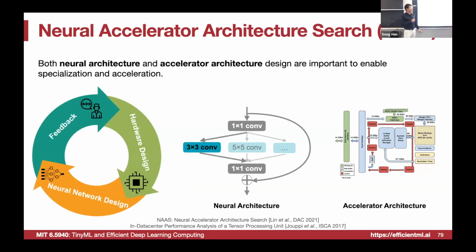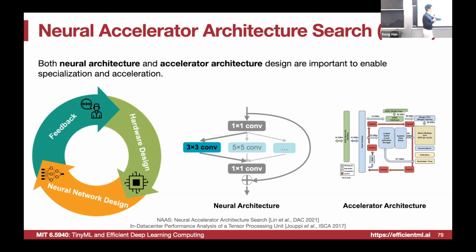So here we'll work on this neural accelerator architecture search, NAAS, to search both the neural architecture and also the accelerator architecture. Hardware side, the software side, continue this loop.